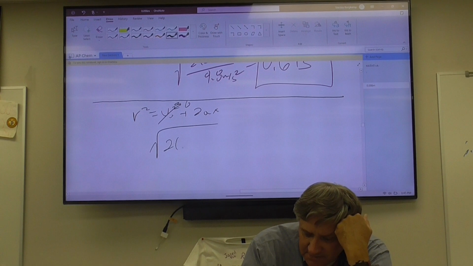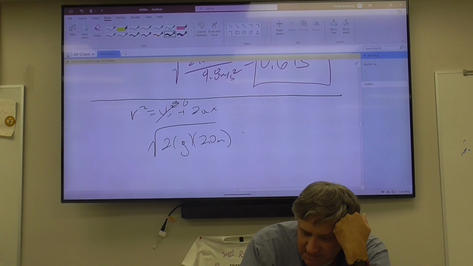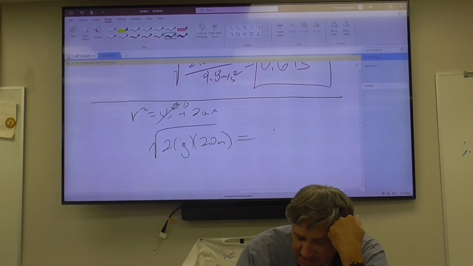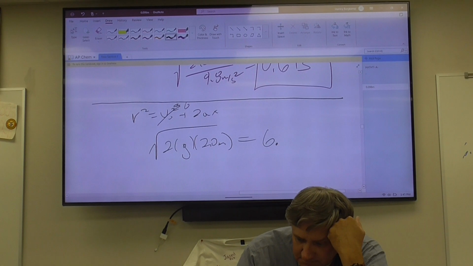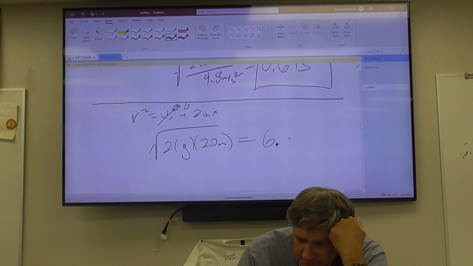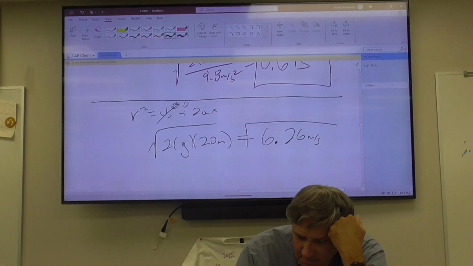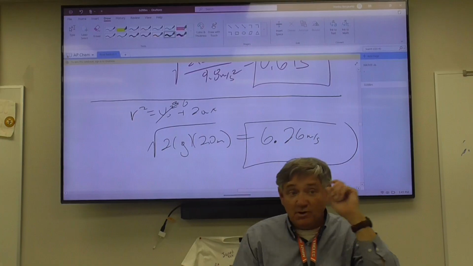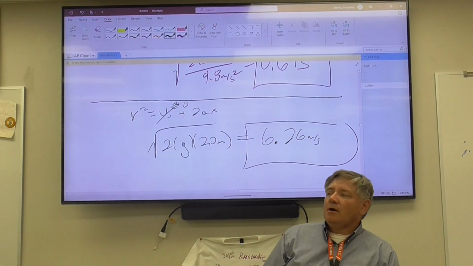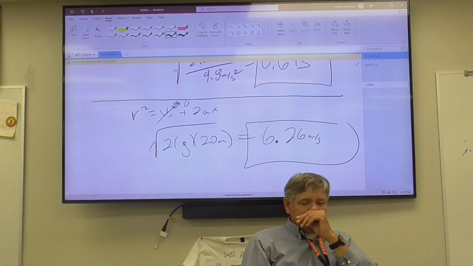So somebody take 2 times g times 2 meters, and then the square root of that. It's 6.26 meters per second. Beautiful. Didn't matter.